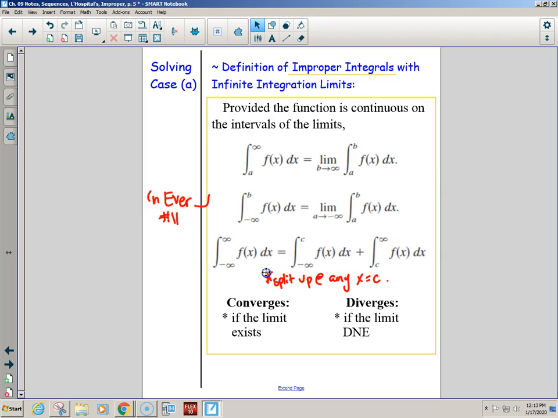You have to split that one up twice as well. So we want any x equals c that is not a discontinuity, where the function is continuous. The integrand is continuous. That AP question number 10, where the integrand, where f is continuous. So at any x equals c, where little f.